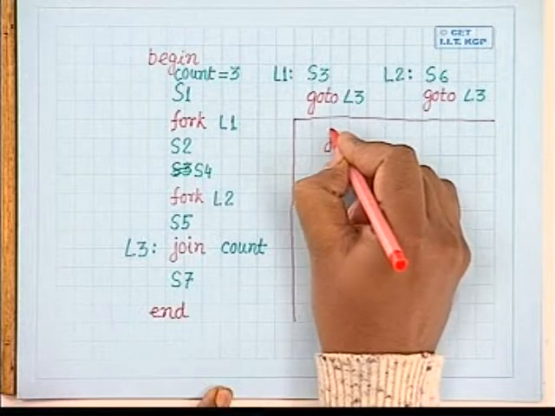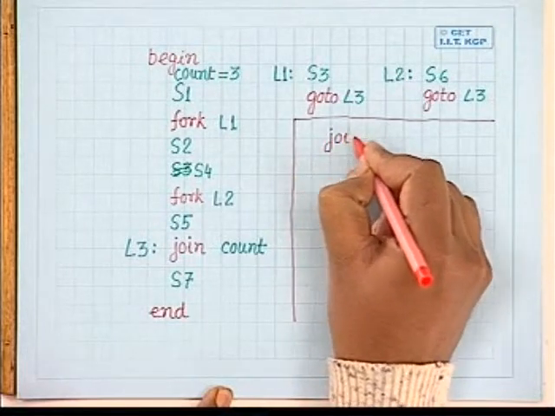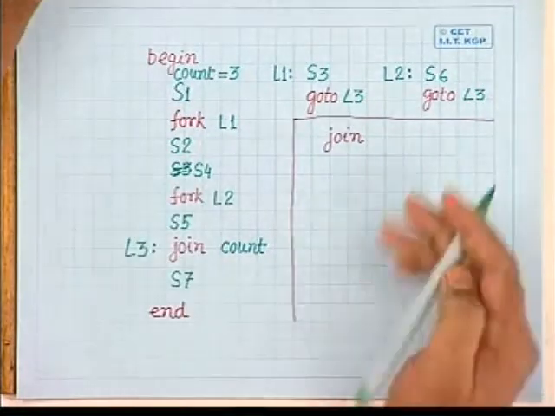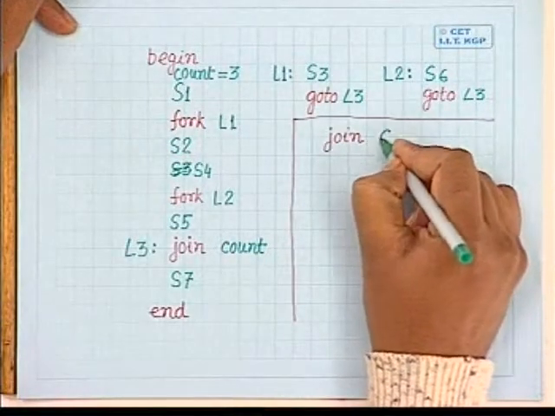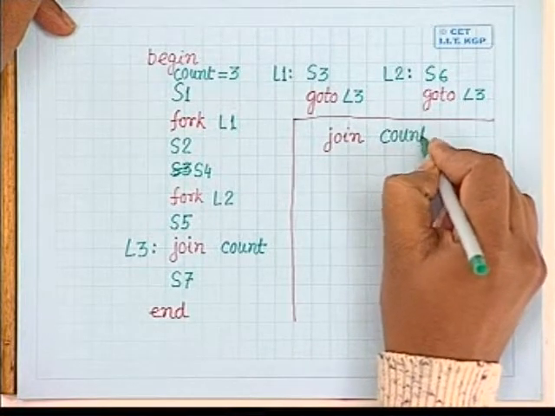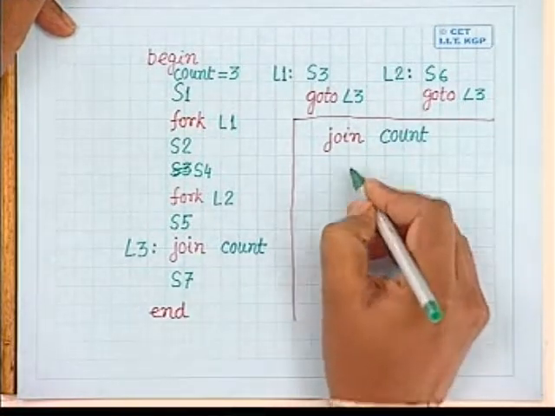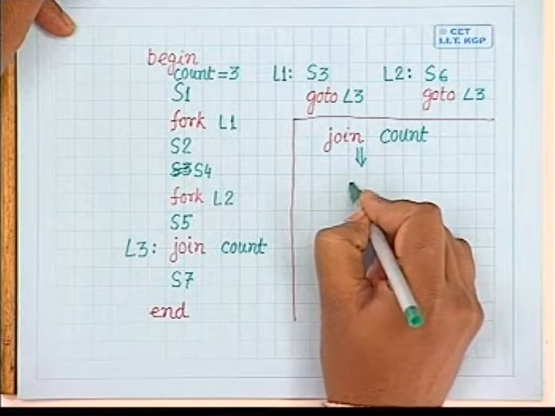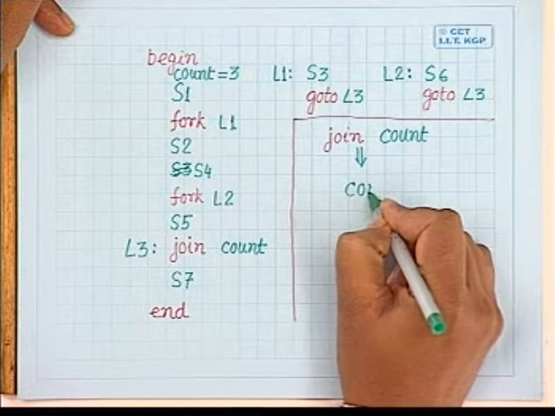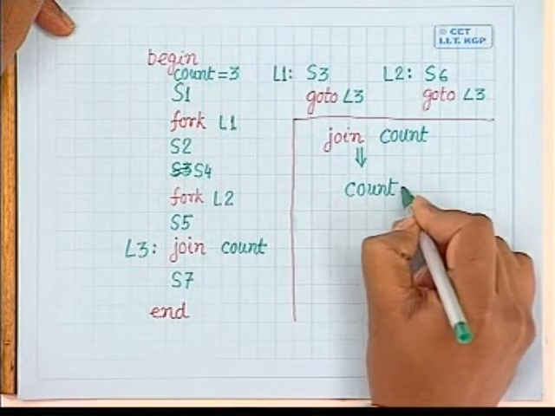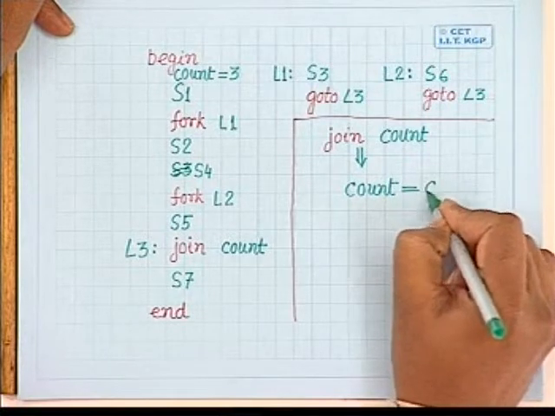When I say join count, it performs the task like this. It decrements the value of variable count by 1, so count becomes count minus 1.